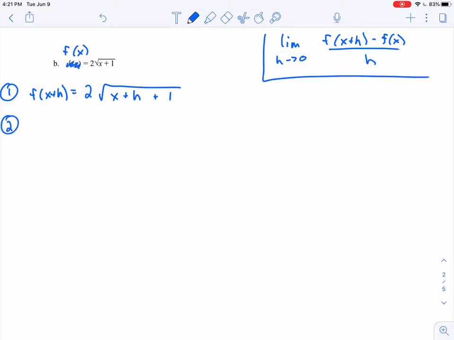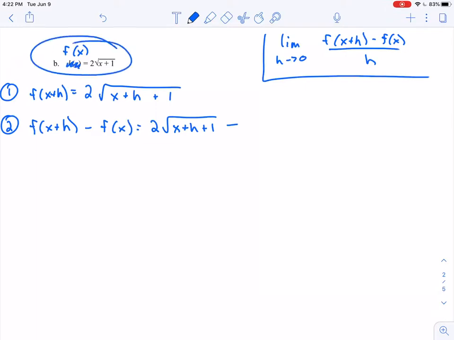My next step, well, I have this piece, I have f of x plus h. Now I'm going to subtract f of x. So let's subtract our original function. So f of x plus h minus f of x. I have 2 square root of x plus h plus 1 minus f of x, my original function, which is this guy up here, 2 square root of x plus 1.